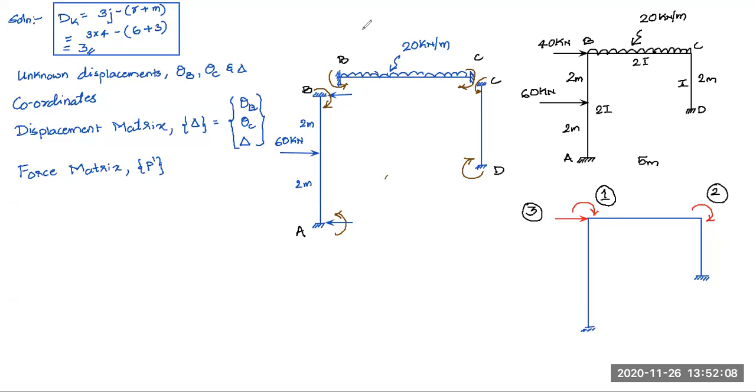How much does it come out? 60 into 4 divided by 8, that is 60 by 2. So this will be 30 kilonewton meter, and this will also be 30 kilonewton meter. What about the reactions? These two will be equal, and each will be half of the 60 kilonewton. So these will also come out to be 30 kilonewton and 30 kilonewton.